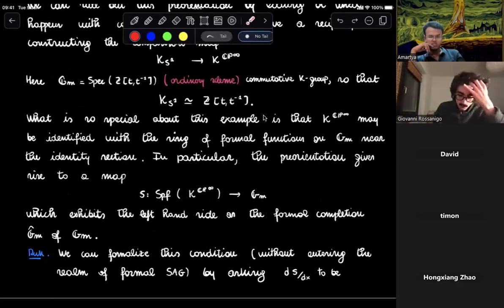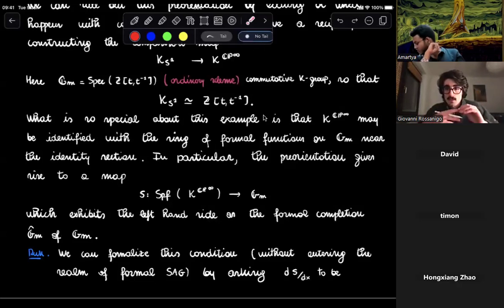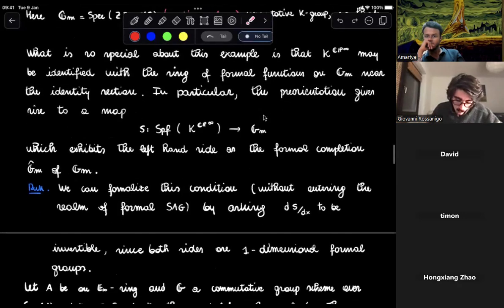And in order to formalize the fact that the naive Borel cohomology, equivariant cohomology theory exhibits the ring of formal functions, or the formal completion of the group scheme that we are looking for, we need to work with scalar differentials.